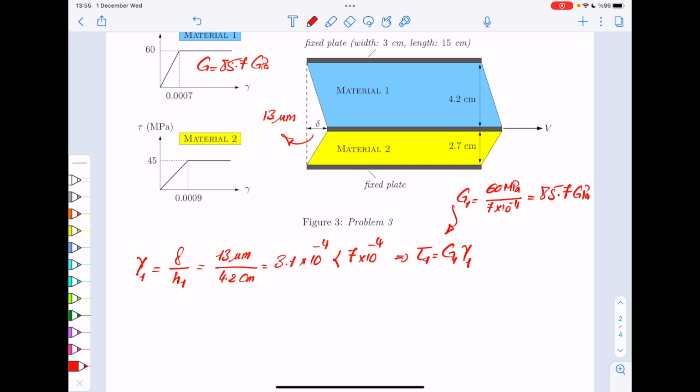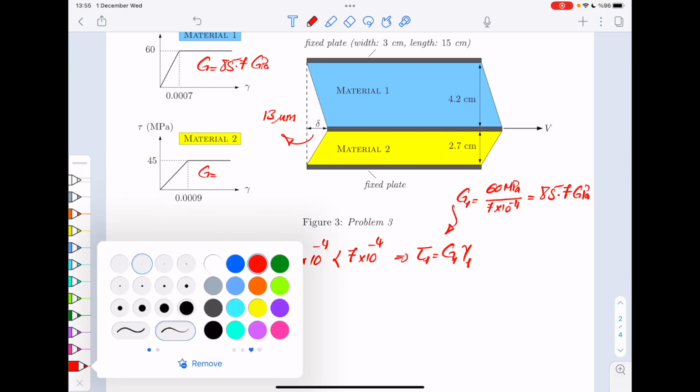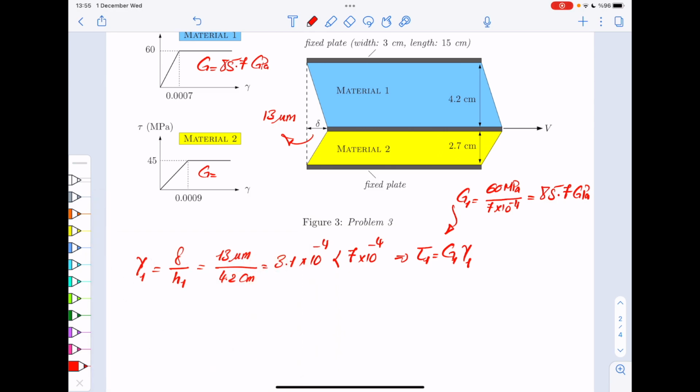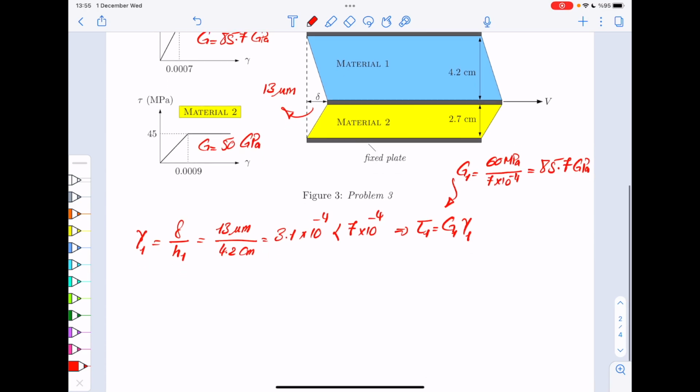In the second one, G is also 45 divided by 0.0009. And if you do that, you get 50 gigapascal. All right? So now from this, you can calculate tau 1, which is 26.57 megapascal.